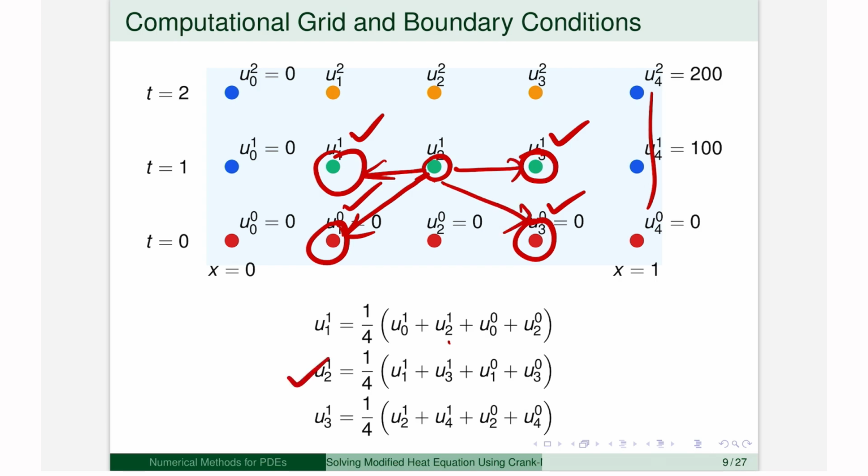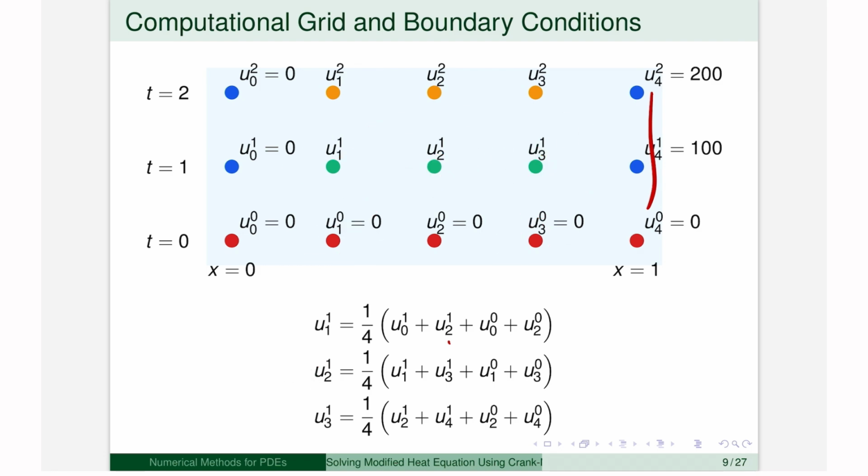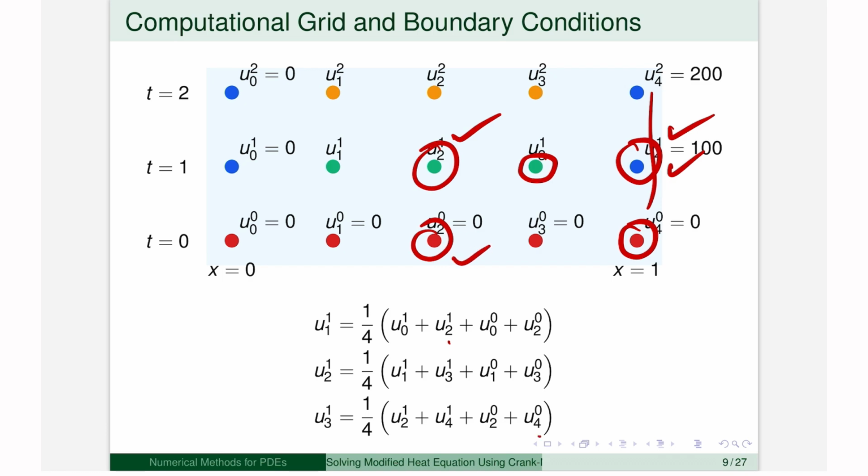Now if I calculate the next value, the next 3, I need this node and this node. Already this node is there, so here u31 is 1/4 (u21 + u41 + u20 + u40).